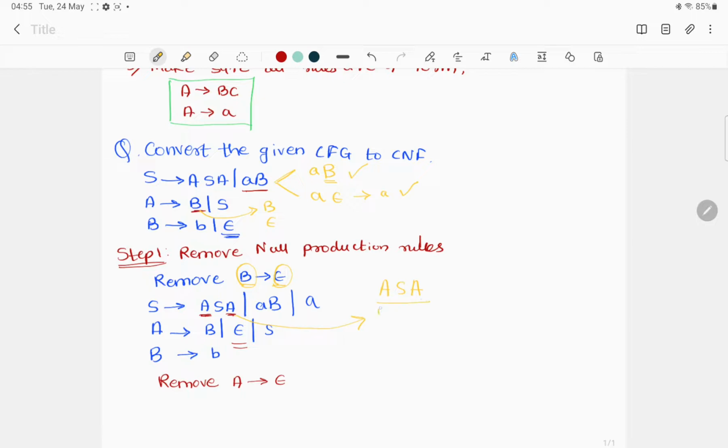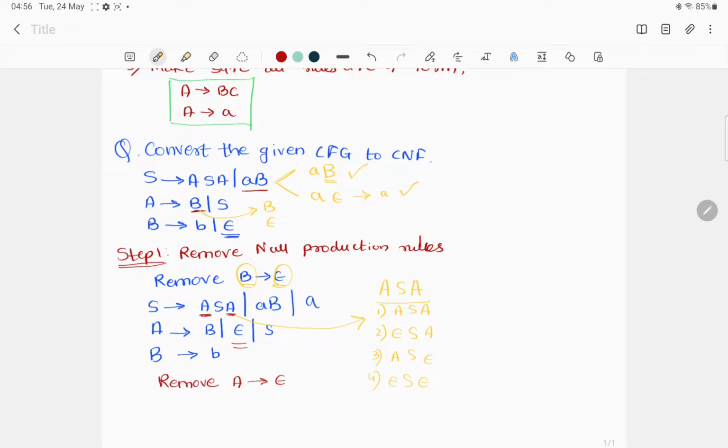Now we are trying different cases. There will be 4 cases. I consider the first capital A as capital A and the second capital A as capital A; then the first as epsilon and the second as A; the first as A and the second as epsilon; and both as epsilon.